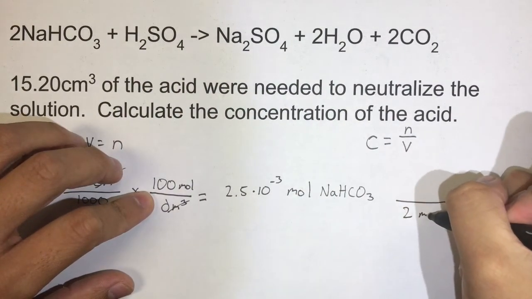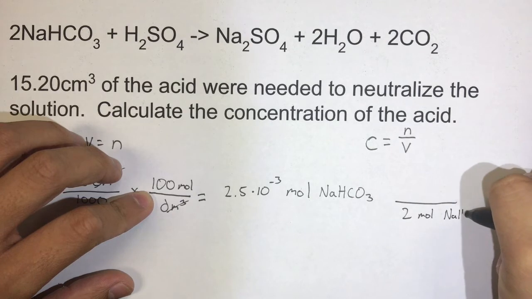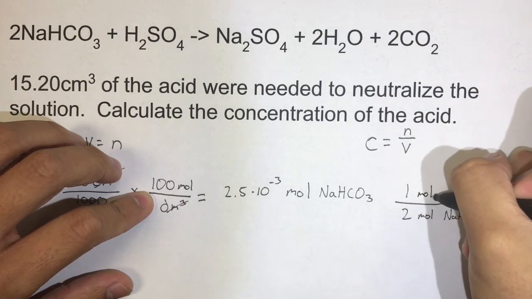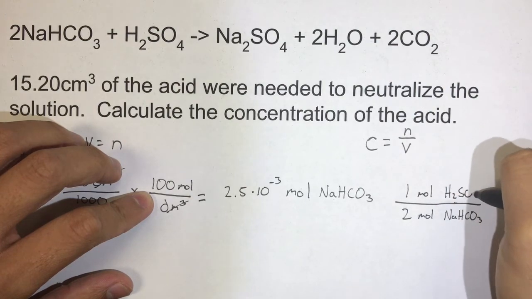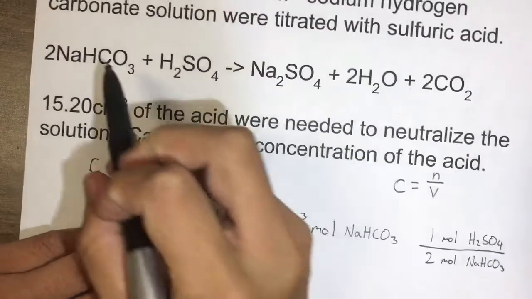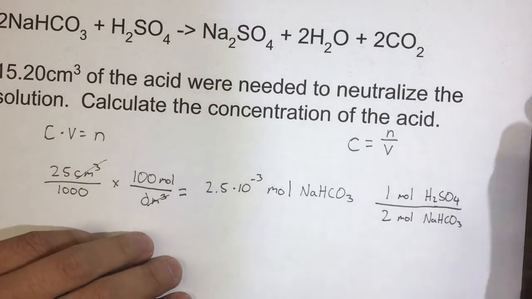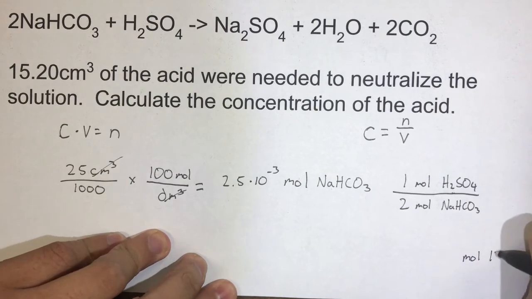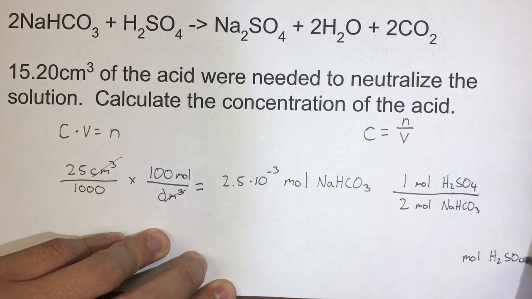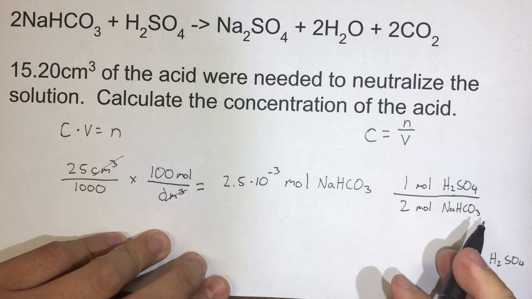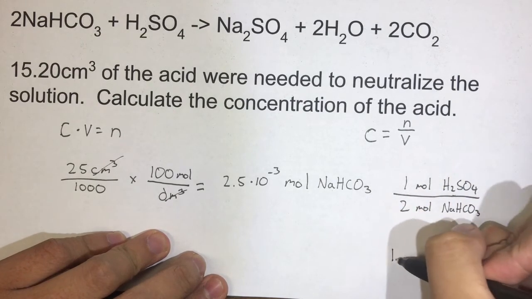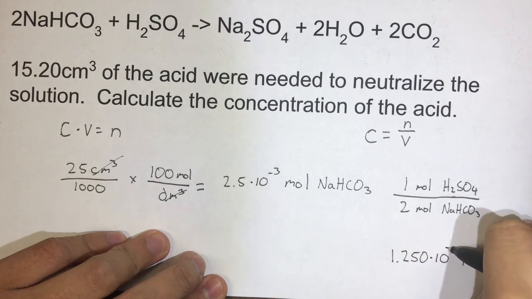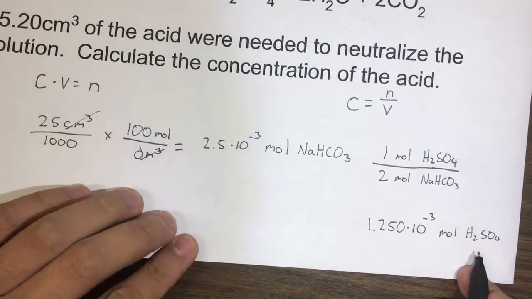So for every 2 moles of sodium bicarbonate, of baking soda, that reacts with 1 mole of sulfuric acid, as we can see from the balanced chemical equation. And so this leads us to how many moles of sulfuric acid? If you divide this by 2, we get 1.250 times 10 to the minus 3 moles of sulfuric acid.